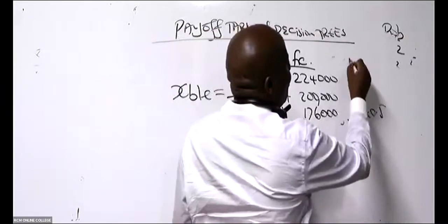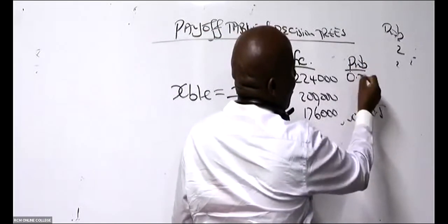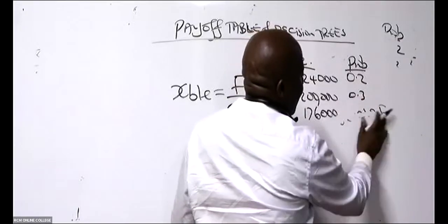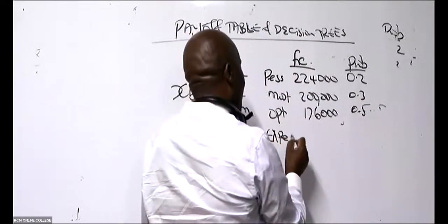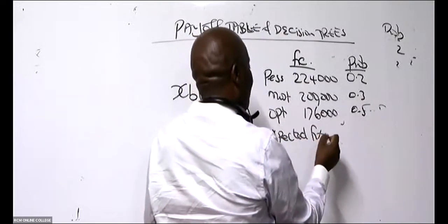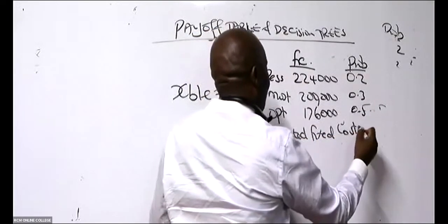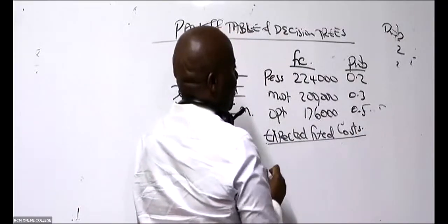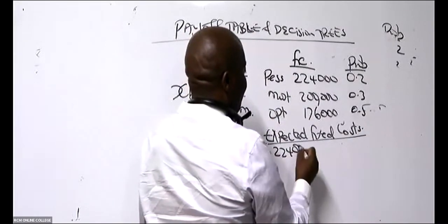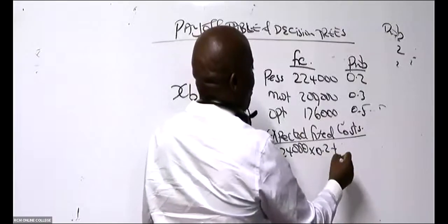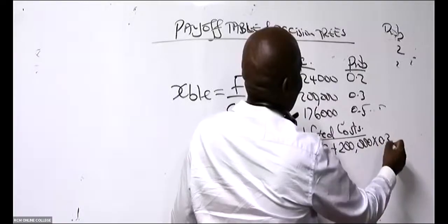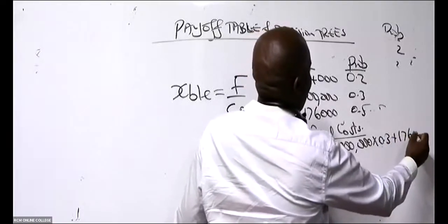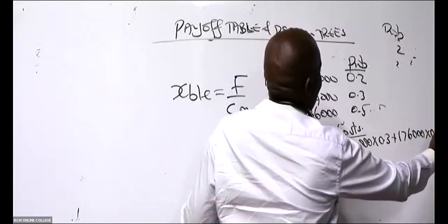All right. But fortunately, we know the probabilities. 0.2, 0.3, and then point what here, somebody? So I can easily get what we call expected fixed costs. So this will be 224,000 times 0.2 plus 200,000 plus 176 times 0.5.